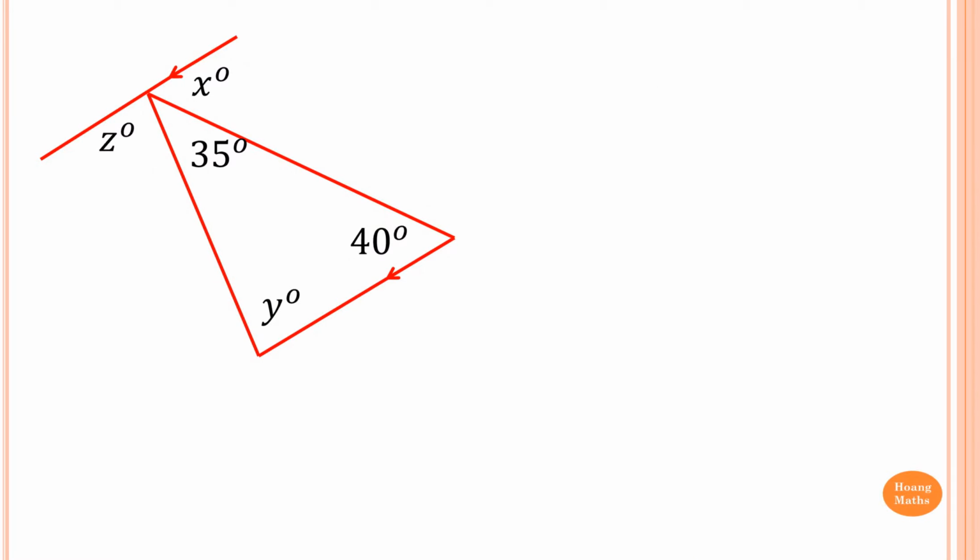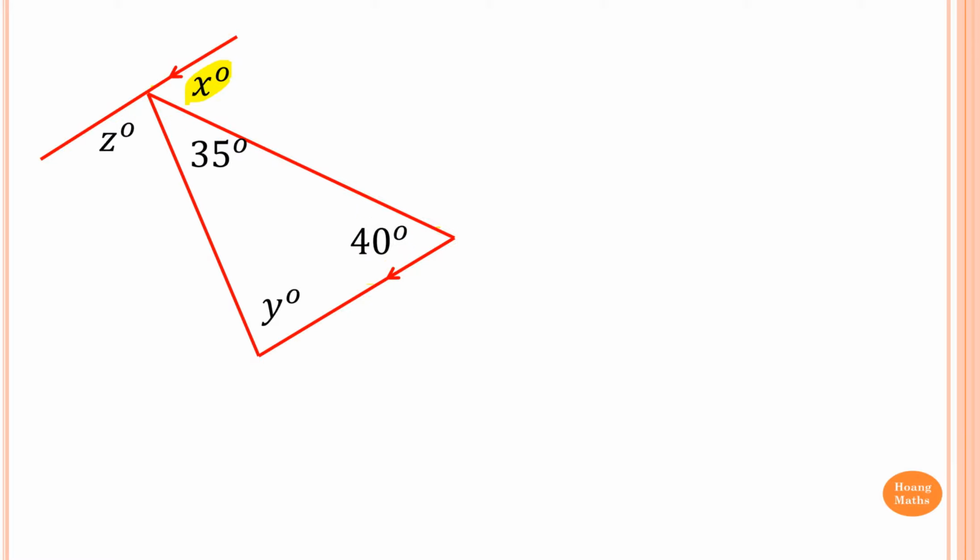Now, to find the value of these pronumerals, first of all, we can find X first. If you look at this line here and this line, it's actually a Z angle, if you like, because this line is parallel with this. So therefore, X is equal to this angle here, which is 40.